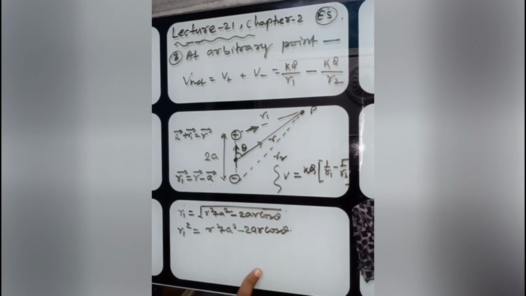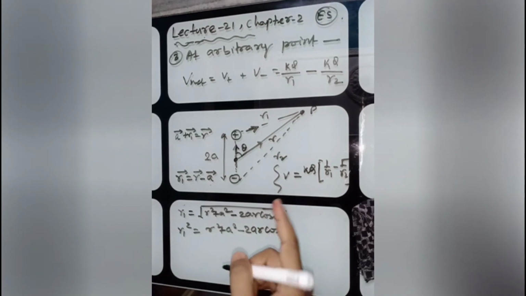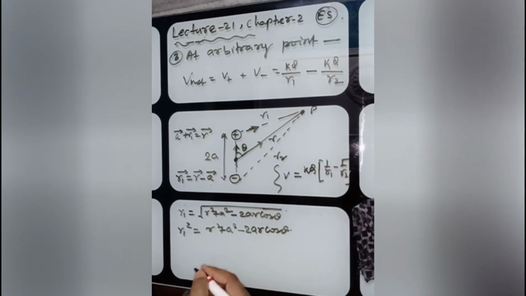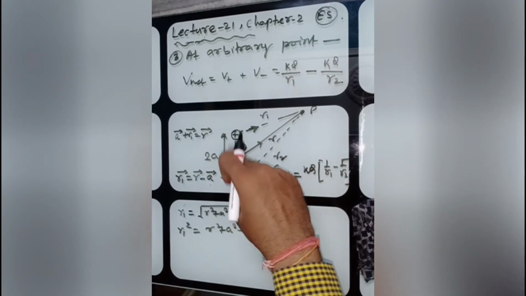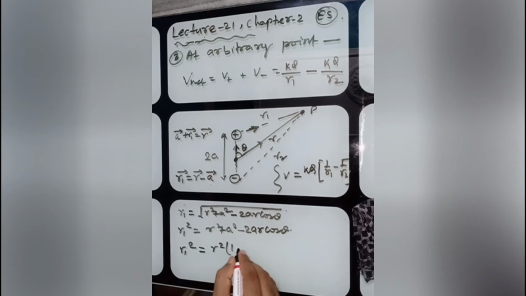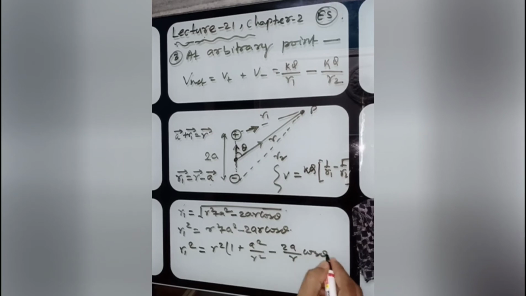Look carefully at the calculations. A simple error will create trouble in the lab, so look carefully at the calculation. R1. Since this quantity is very small, if we find R1 square, here we take R square common, it is 1 plus A square by R square minus 2A by R cos theta.